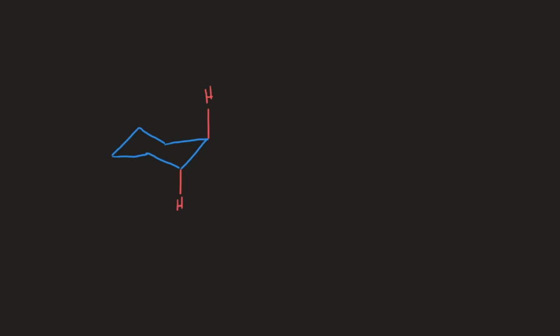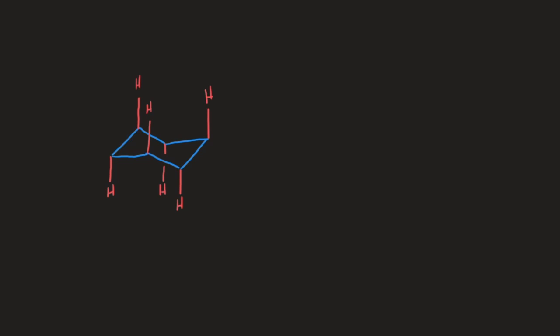And so the axial hydrogen is going to be going straight up from that one. If I look at this back carbon, the two carbon-carbon bonds coming towards it are pointing down. And so this axial hydrogen is going to be going straight down, as is this one. And this one will be going straight up.